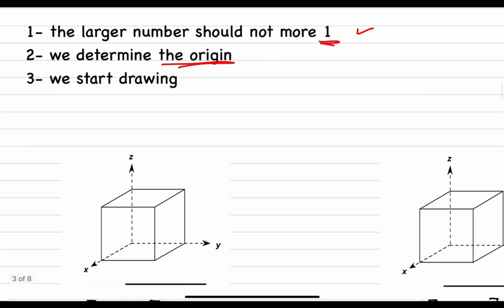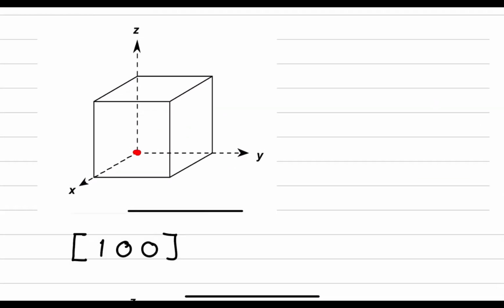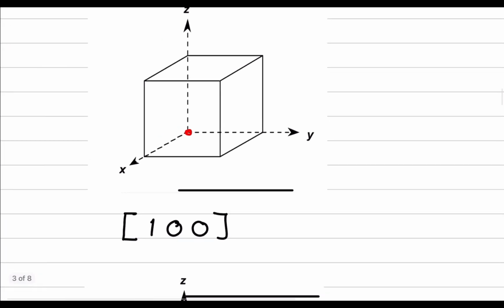The second step, we determine the origin, and this is the general origin. So this represents the x-axis, this is the y-axis, and this is the z-axis. We will start from this.